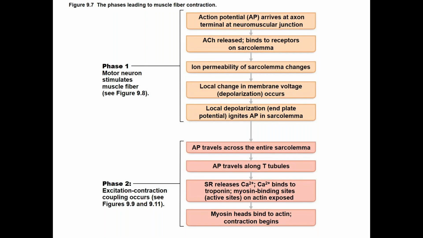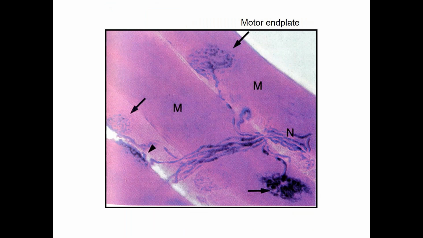Where things get a little more complicated is in this second part. Well, the excitation-contraction coupling part is really not equivalent to anything that we've talked about before. So what we're dealing with here is a series of individual muscle cells, or fibers.